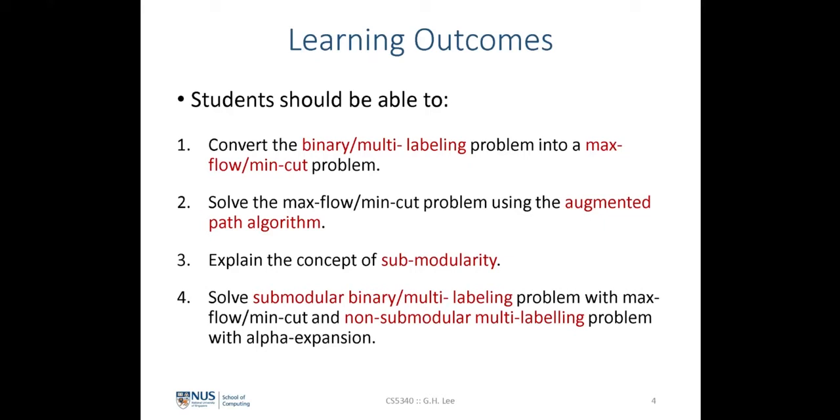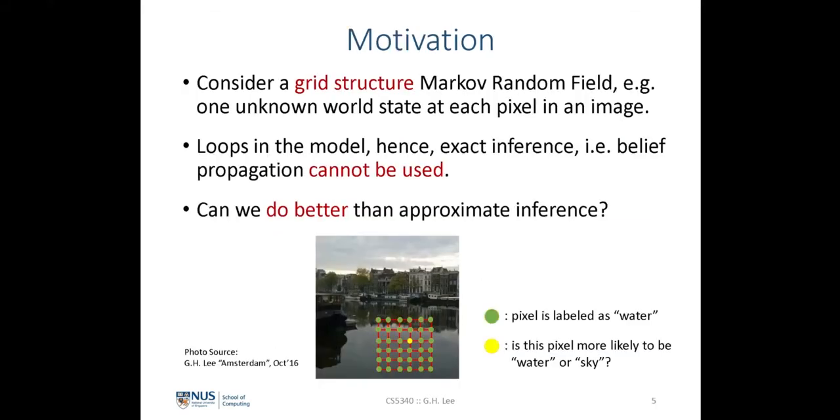You should also be able to explain the concept of submodularity, and we will look at how to solve the submodular binary or multi-labeling problem with the max flow min cut algorithm, and the non-submodular multi-labeling problem with what we call the alpha expansion algorithm.